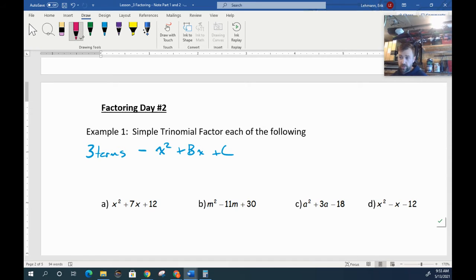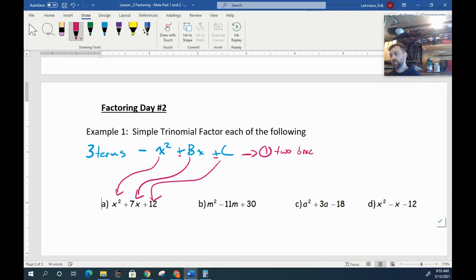So just like this one down here. We've got x squared, a number beside x, and a number at the end. It doesn't have to be a plus, it could be a plus or minus. So what we then look for is, we make our 2 brackets.